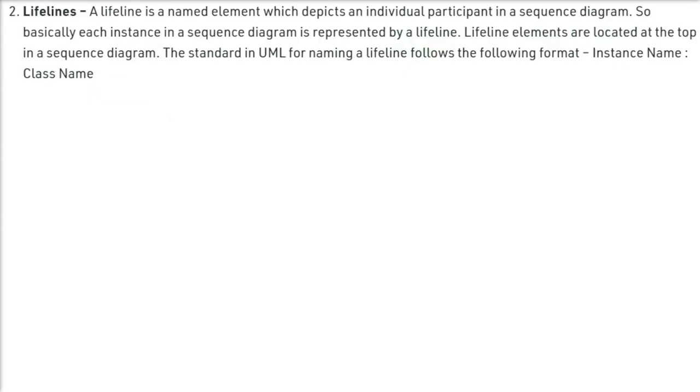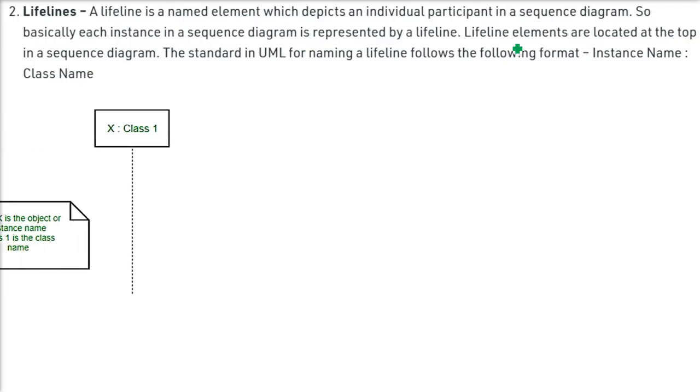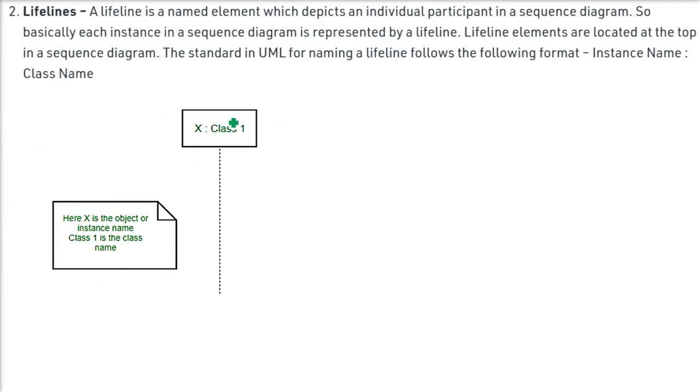Coming to one more aspect of your sequence diagram, which is lifeline. Lifeline and messages are two core aspects. We'll talk about messages just now. But the lifeline, you see here there is a box, and in this box there are two things separated by a colon. On the left of the colon is your object, on the right is your class.